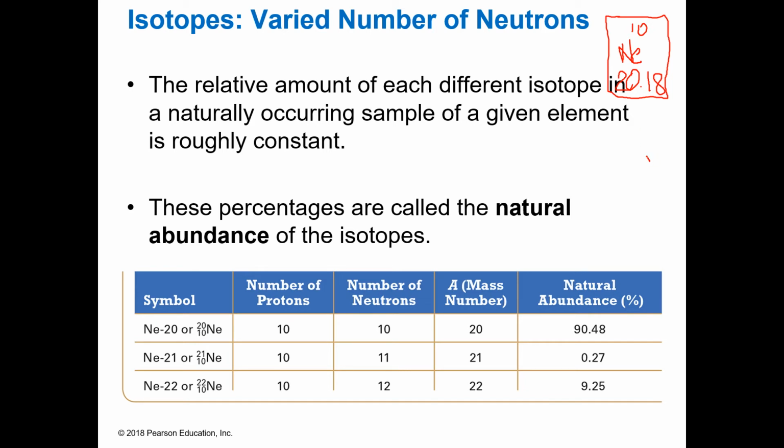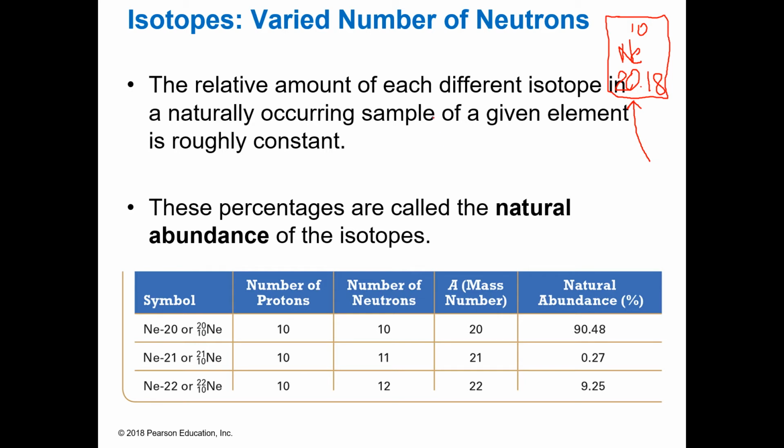The mass number you get on the periodic table, this 20.18, is a weighted average of all the isotopes of neon. We've just learned that neon has 3 isotopes. That 20.18 is a weighted average of those 3 isotopes, so that's why this is not a whole number.